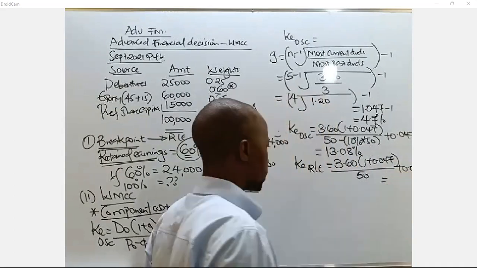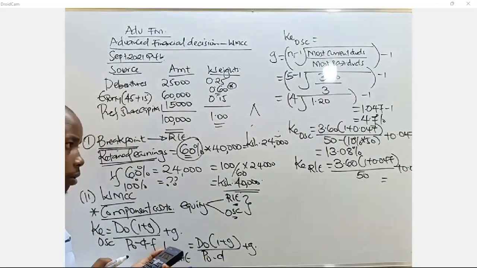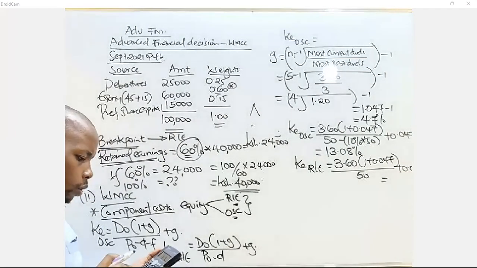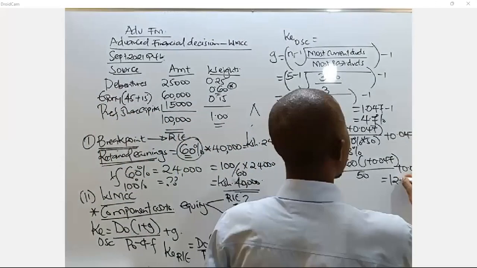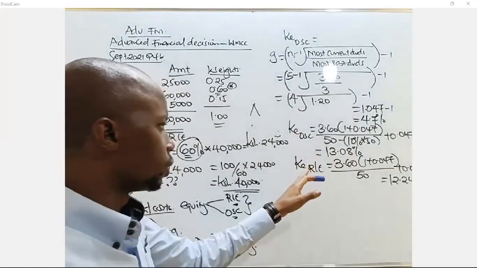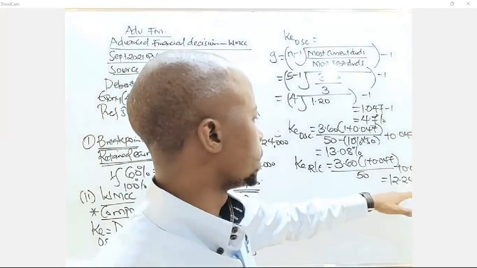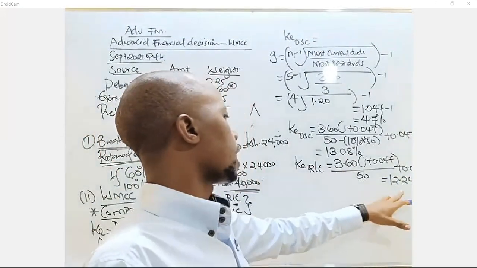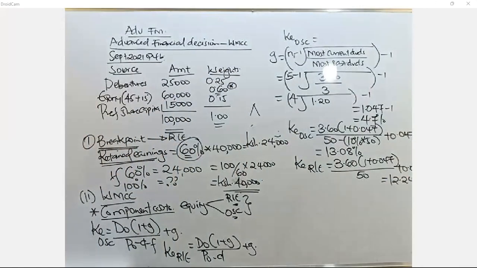So how much is this? 1.047 times 3.60, divided by 50, plus 0.047, getting around 12.24%. If you compare both proportions between the ordinary share capital and the retained earnings, you can see the cost of equity of the retained earnings is cheaper.